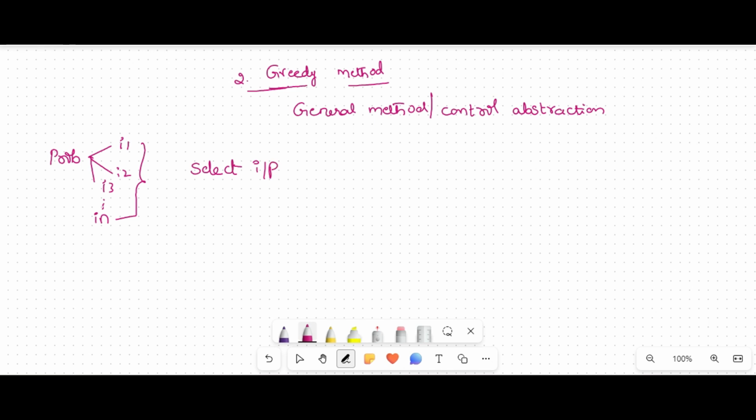Select one input. After selecting this input, find out whether this is a feasible solution, whether that solution or that input is feasible or not. What is meant by feasible solution? Feasible solution is a solution which satisfies the given constraints.